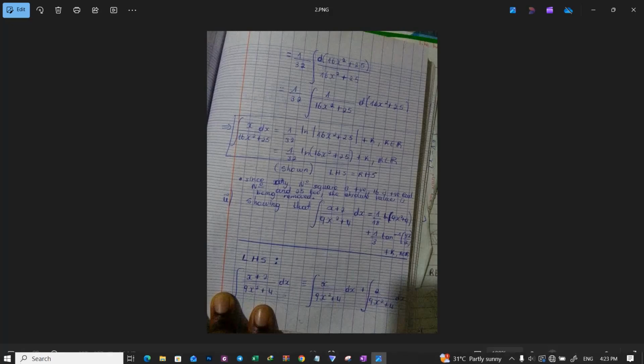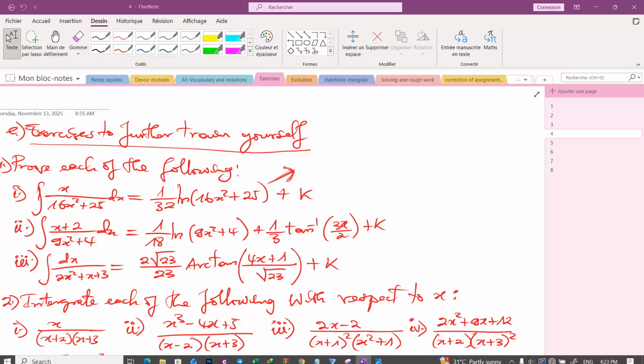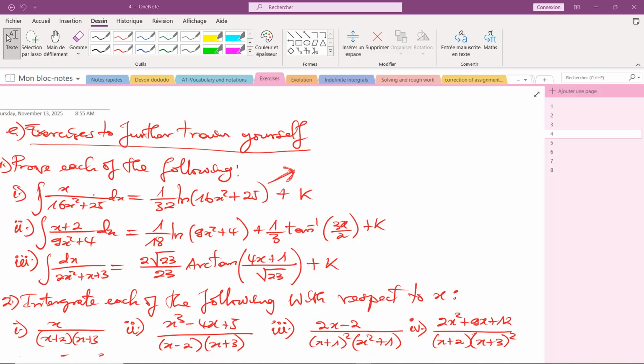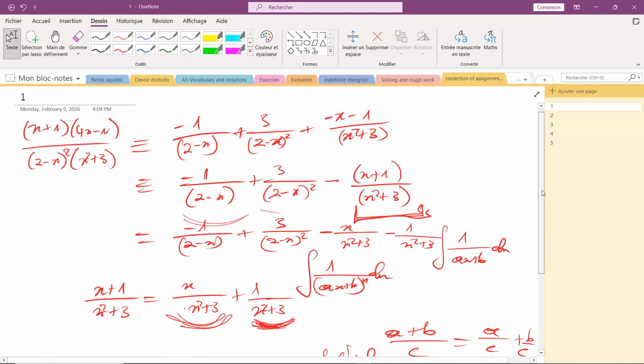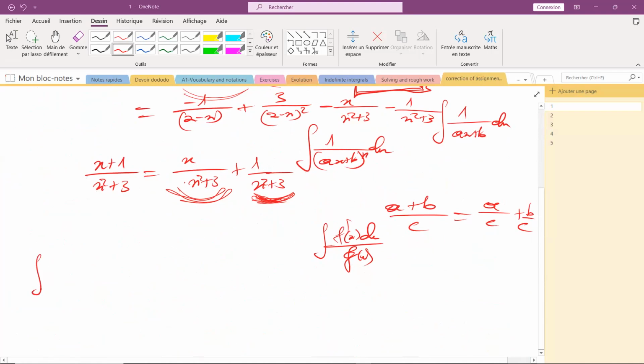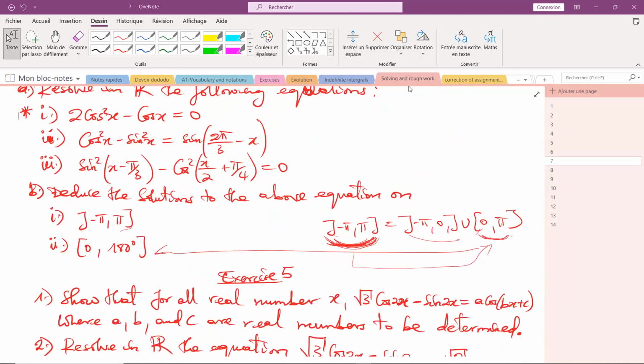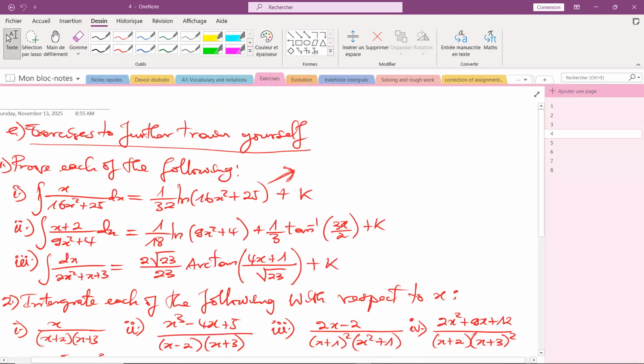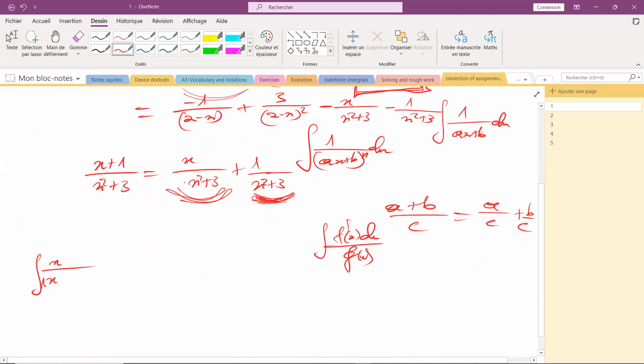Let me go on a sheet of paper. Let's say you are to integrate x over 16x squared plus 25 dx.